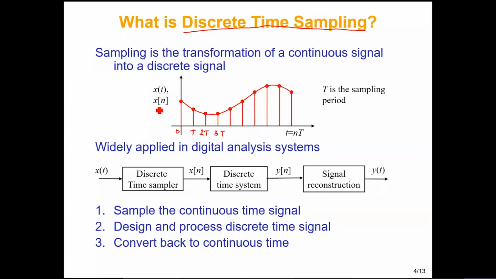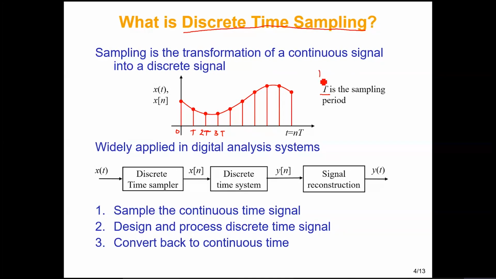So to sample, we just take the value at a particular sampling period, let's say T. By common sense, we know that we just take values of the signal at some equidistant points, and the important point is at what rate, at what distance, should we sample.